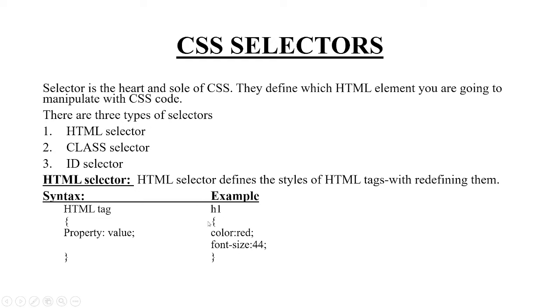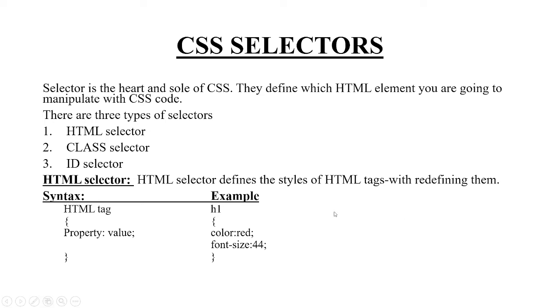So here I have presented one simple example where I have used the HTML tag called H1, heading tag. And for this HTML tag, I am defining the styles like color. I am assigning the value as red. So I have used the property called color and I have given the value for that color property as red.